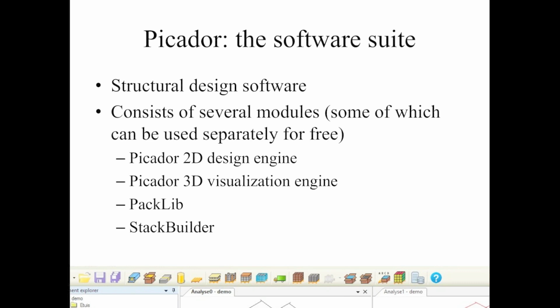There is PackLib, which is a library with packaging templates, and Stack Builder, which helps you figure out how that package that you've created can be fitted onto a pallet or a shelf, or how smaller boxes can fit in a larger box, and how those cartons can fit into a container or into a truck, for example. So it's a pretty broad software suite in terms of functionality.